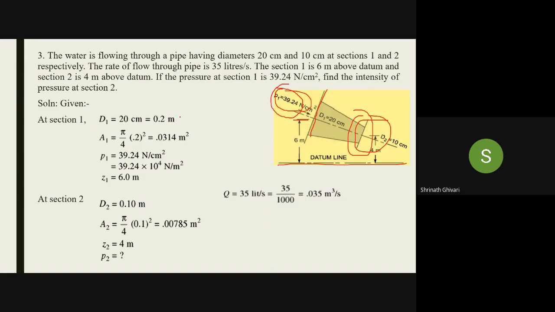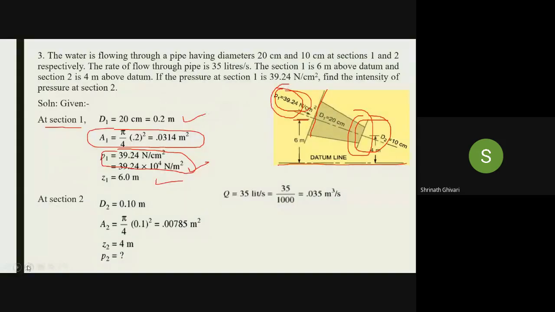So I have written the given things here. At section 1, D1 is 20 centimeter. Its area is 0.0314 meter square. Then the pressure is 39.24, which I have converted into Newton per meter square. Then Z1 is 6 meter.